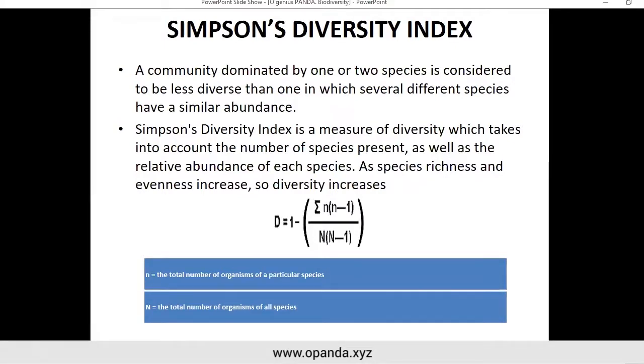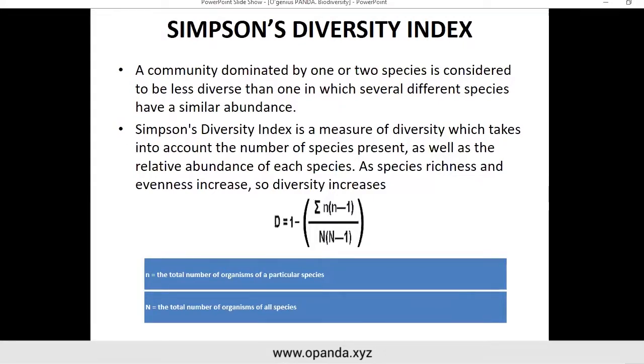That's why there is Simpson's diversity index. Simpson's diversity index says that a community dominated by one or two species is considered to be less diverse than one in which several species have a similar abundance. Understand that we should be in a good number.